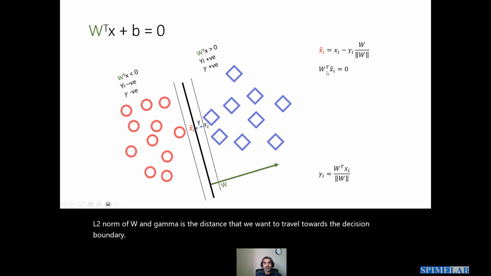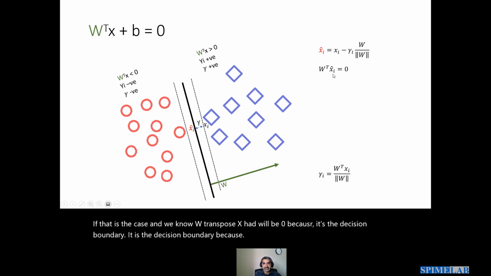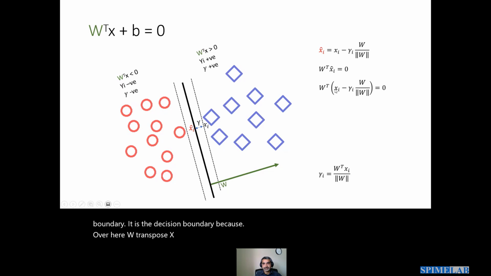If that is the case, and we know W transpose X hat will be 0 because it's the decision boundary. It is the decision boundary because over here W transpose X is 0. If we replace this value in here, we get this. And bringing W transpose inside the parentheses, we get this.